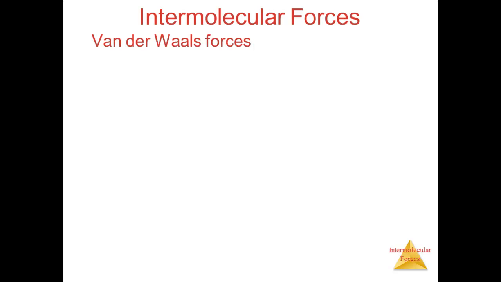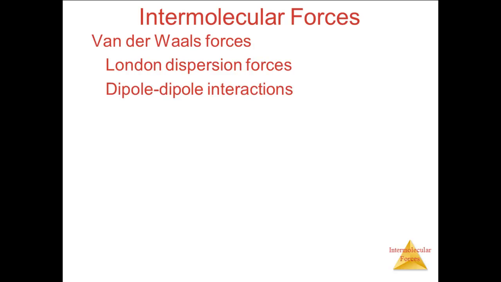Remembering that all molecules have dispersion forces, and that hydrogen bonding is an extreme form of dipole-dipole interaction, we can summarize the types of forces this way. Molecules can have London dispersion forces only, or dipole-dipole interactions and London dispersion forces, or hydrogen bonding, dipole-dipole interactions, and dispersion forces.